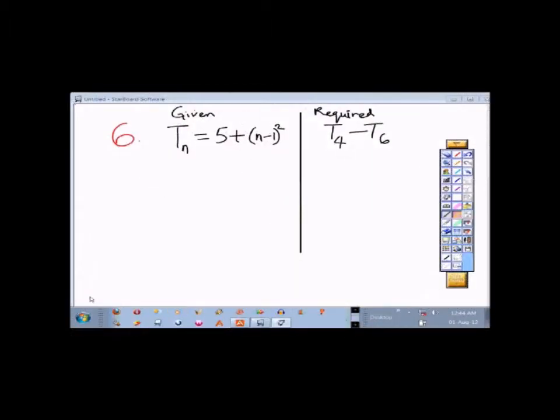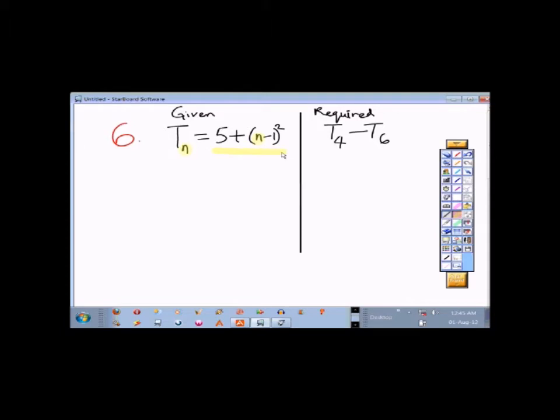Anytime a sequence is given in this form, clearly you can see that the n that is here is also the n that is here. So that means that whatever value we have as the value of n, that is the value we are going to use on the right hand side here.